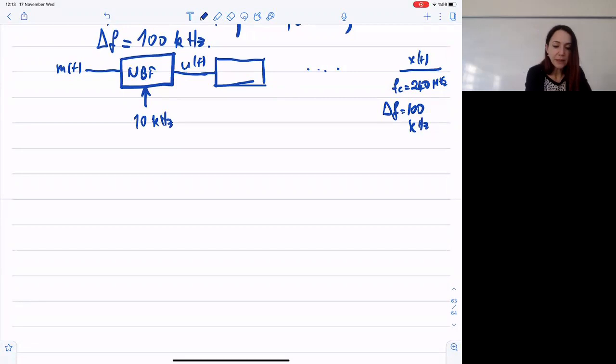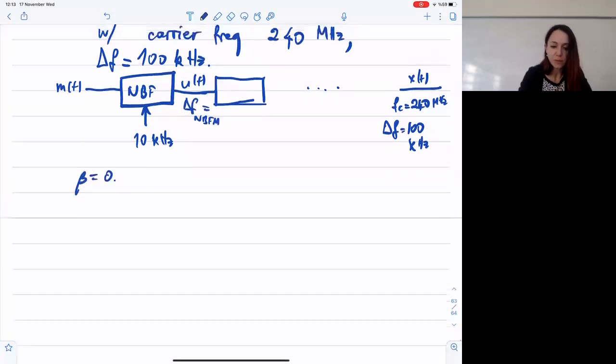So maybe we can go from the following. We are coming from a delta F. So basically delta F narrowband is equal to what? Let's compute it. The original beta, I forget.